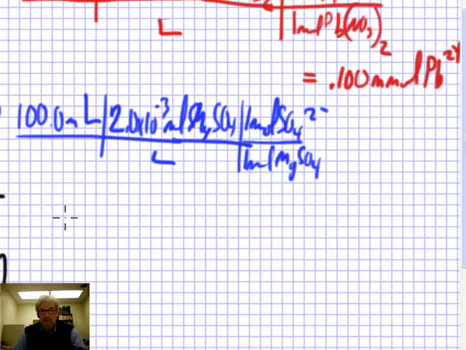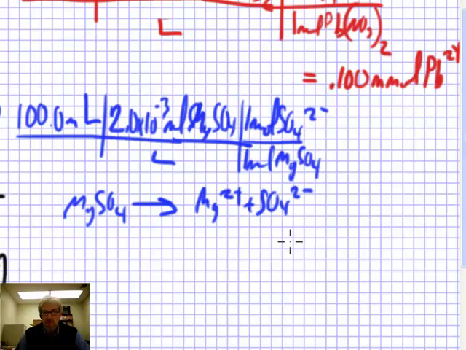Think about MgSO4 solid completely splitting up to give us Mg2+ and SO4 2-. We know this is highly soluble from our solubility rules. And this is balanced the way it is, so this is a 1-to-1 combination. So when you work this math out, you get 0.200 millimoles of sulfate are present in beaker number 3.